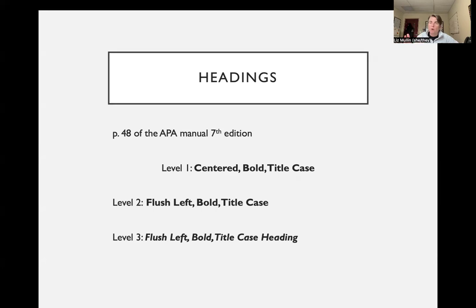That means every important word is capitalized. Anything that's a subsection is going to be a level 2 heading, flush left, bold, also title case. So the difference between level 1 and level 2 is just center versus flush left. The difference between 2 and 3, which would be a subsection within a subsection, is that you're going to italicize it. Otherwise, they're all bold, they're all title case.